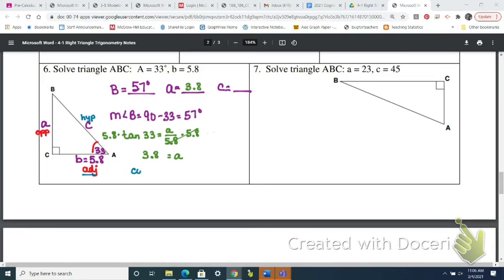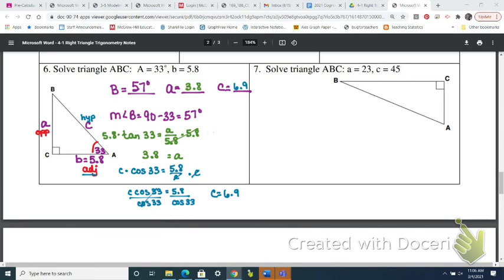So it's going to be cosine of 33 equals 5.8 over C. So I'll multiply both sides by C, and then divide by cosine of 33. And I get C is 6.9.